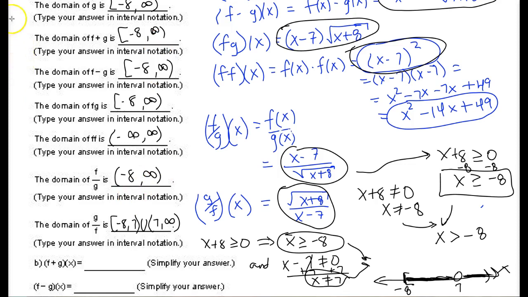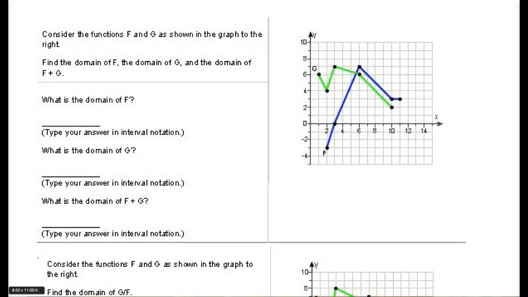All right, so for our next example, we're given the graph of two functions, f and g. And what we're asked to do here is figure out the domain of f, the domain of g, and the domain of the new function f plus g. Okay, so if we look at the domain of f, we see that f starts at the x value -2.